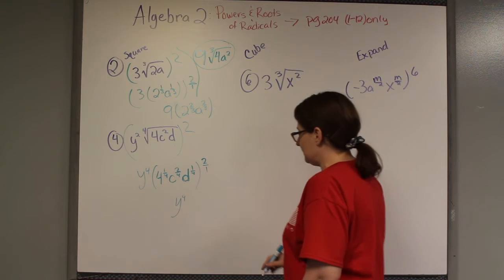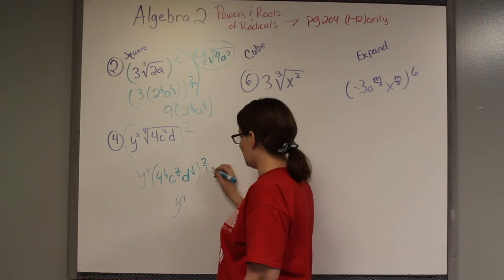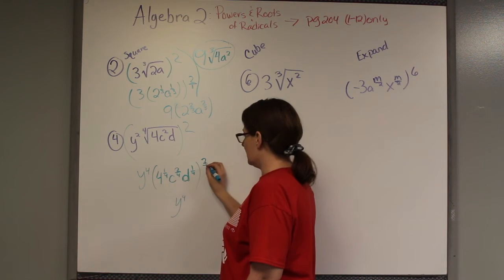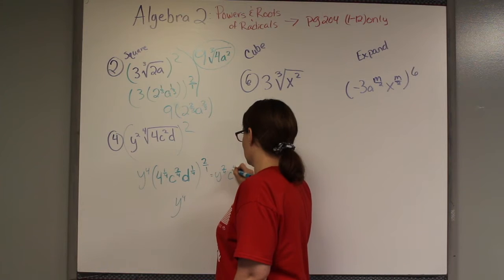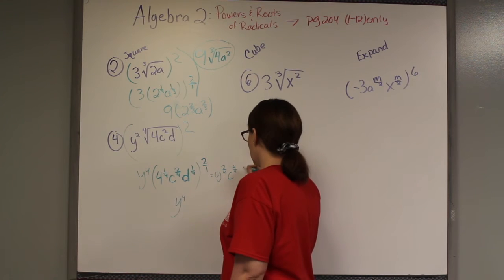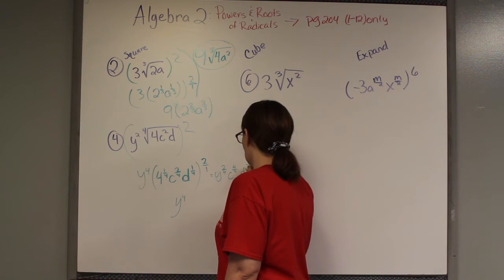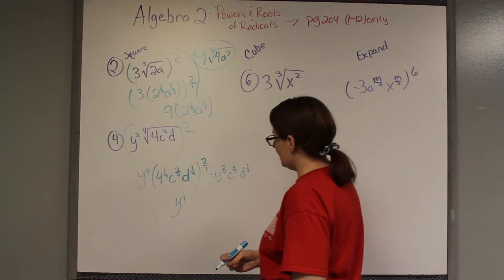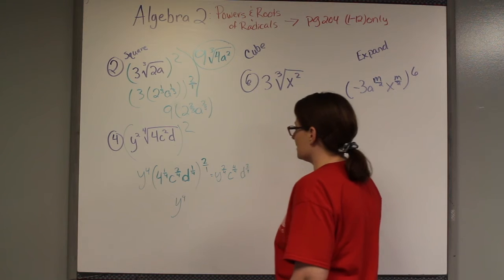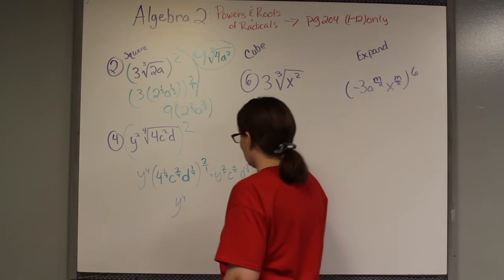Okay, and then when we multiply these things, this is 2 times 1, so that's going to be y to the 2/4, c to the 4/4, and d to the 2/4. All right, we put that back in the radical and then simplify it as best we can.